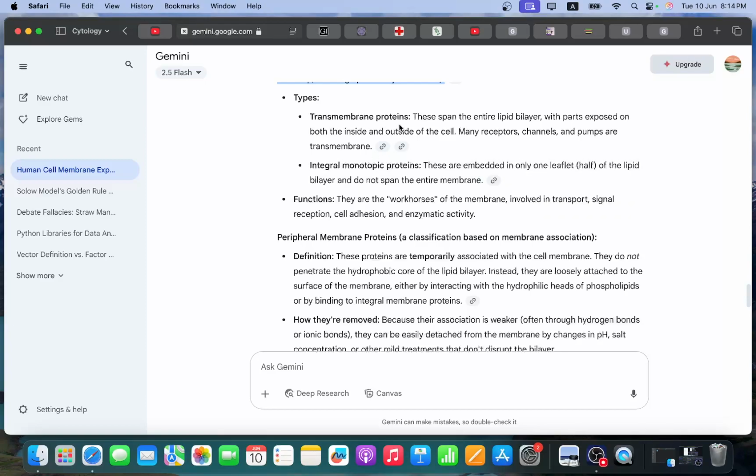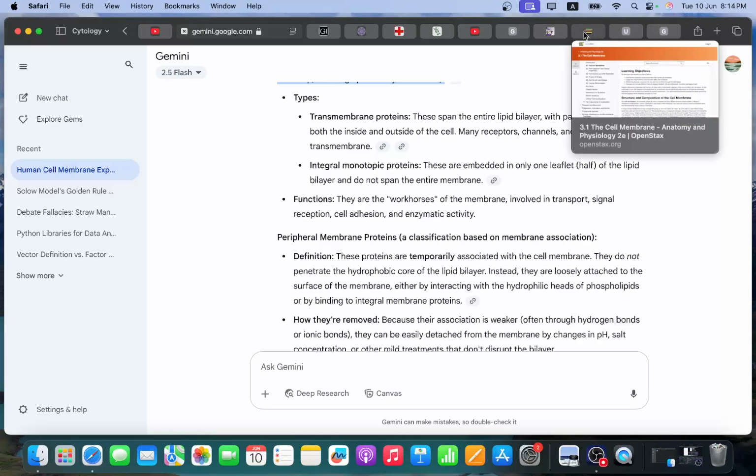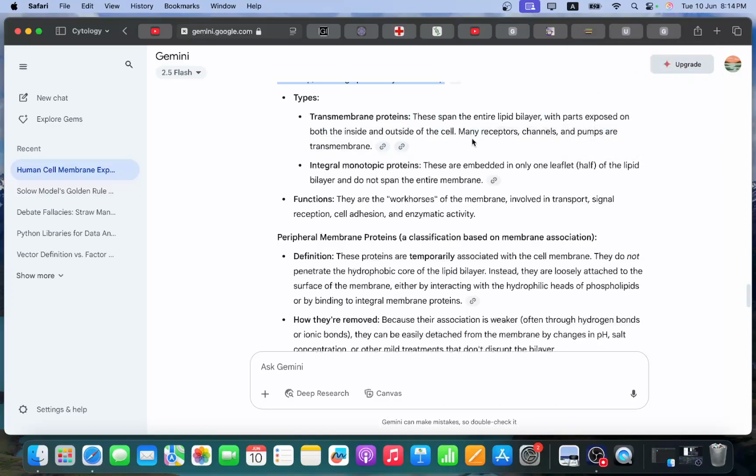Types: transmembrane proteins. Again, transmembrane proteins are the stuff that I have to understand in much more detail, and I'm going to leave it to the textbook here. Many receptors: these span the entire lipid bilayer, with parts exposed on both the inside and the outside of the cell.